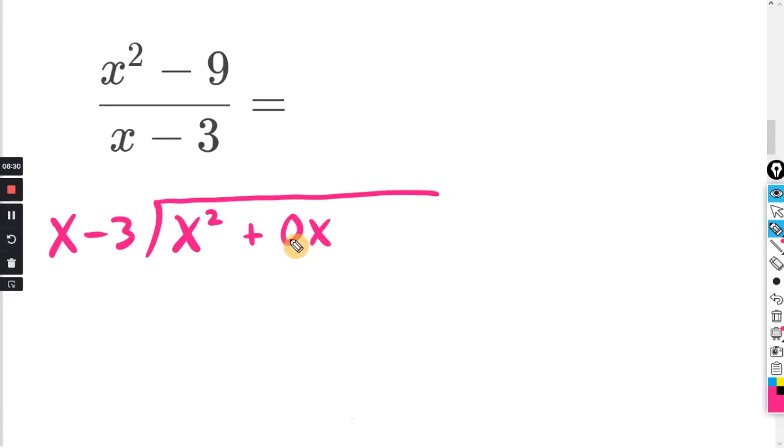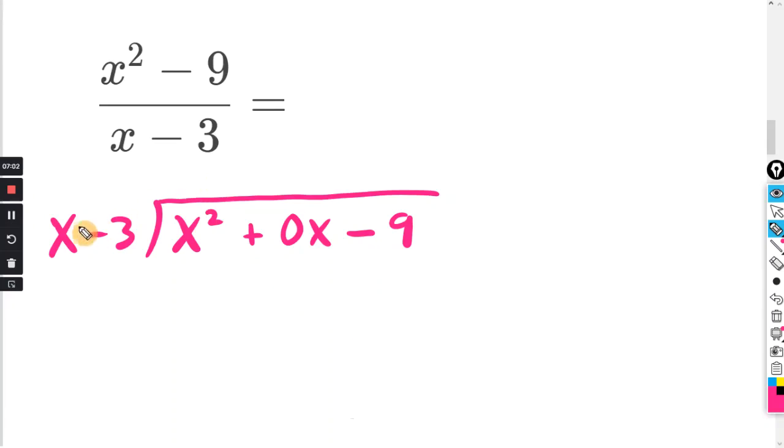Okay, I'm allowed to add 0x because anything times 0 is 0. And I can add 0, it won't change anything. And then minus 9. Okay, so really I didn't change anything. It's still x squared minus 9, but I just added a 0x in the middle. This way the exponents count down. See, this is x squared, this is x to the first, and so on. All right, so I didn't want to skip the 0x. So please try it like this.